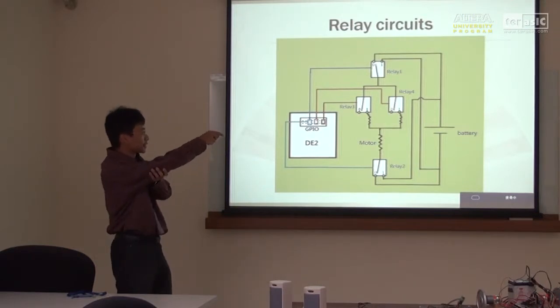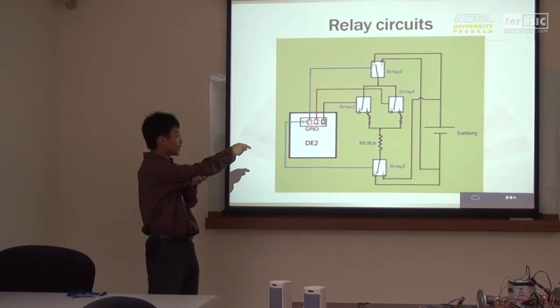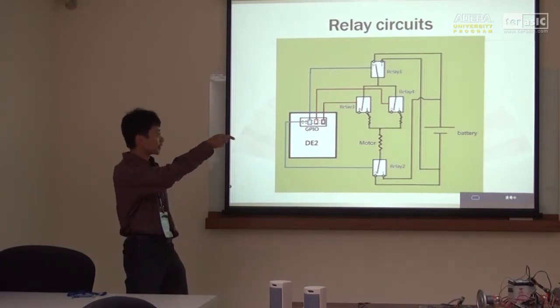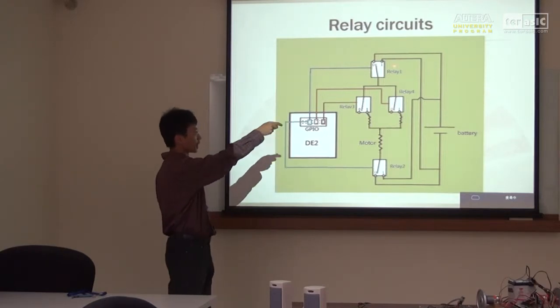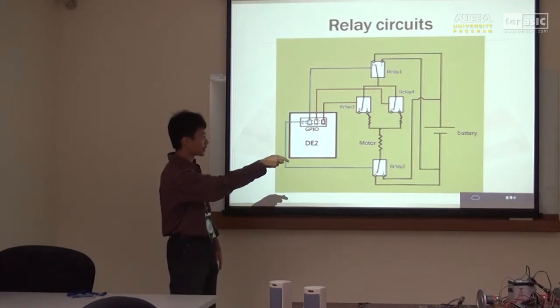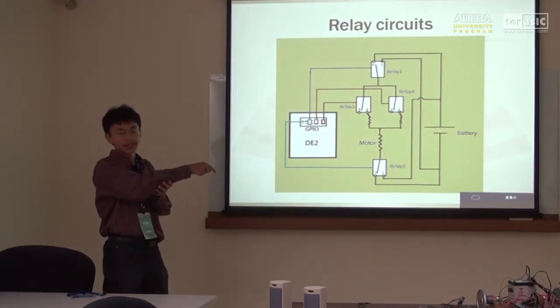And let's see first relay 1 and relay 2. If this signal indicates 0, then the battery current goes from up to down here. So the motor has a current from up to down.